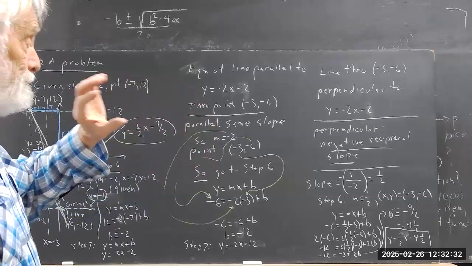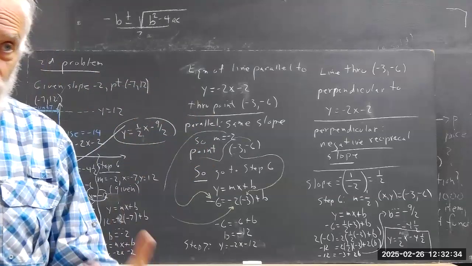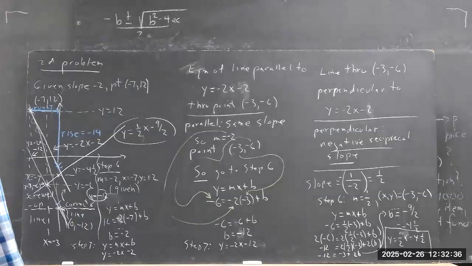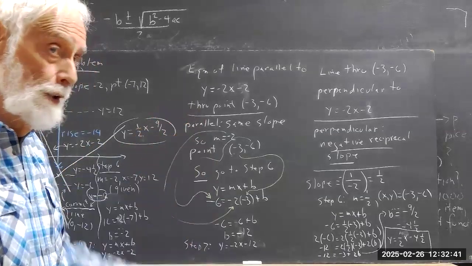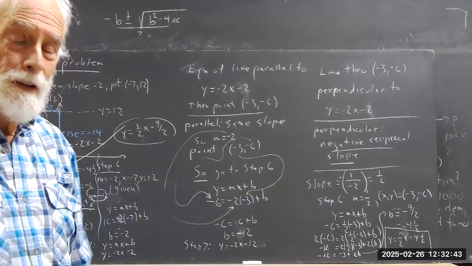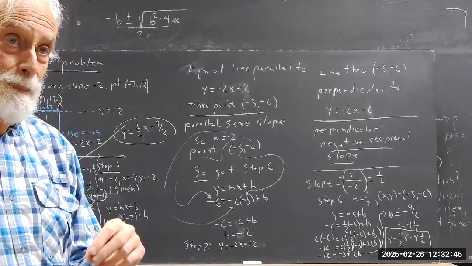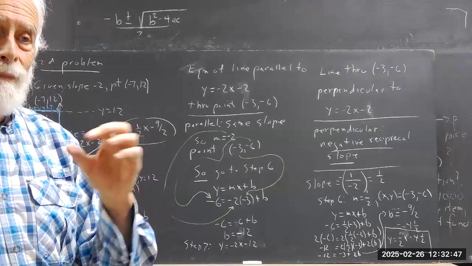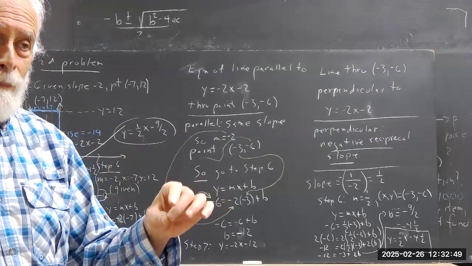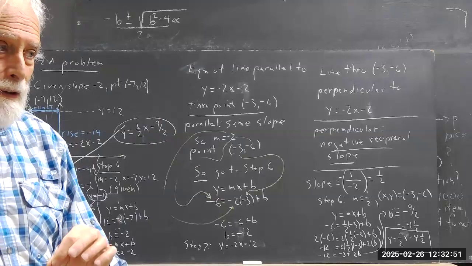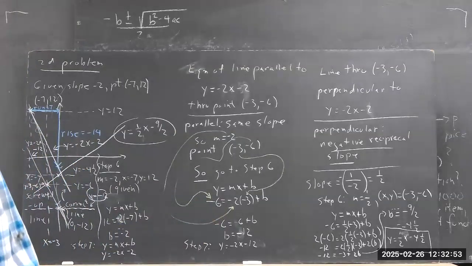Get all that down, and you should be good with the assignment on parallel and perpendicular lines. Because we have a good step-by-step procedure for finding equations of straight lines, given 2 points, given the y-intercept and the slope, or given 1 point and slope.